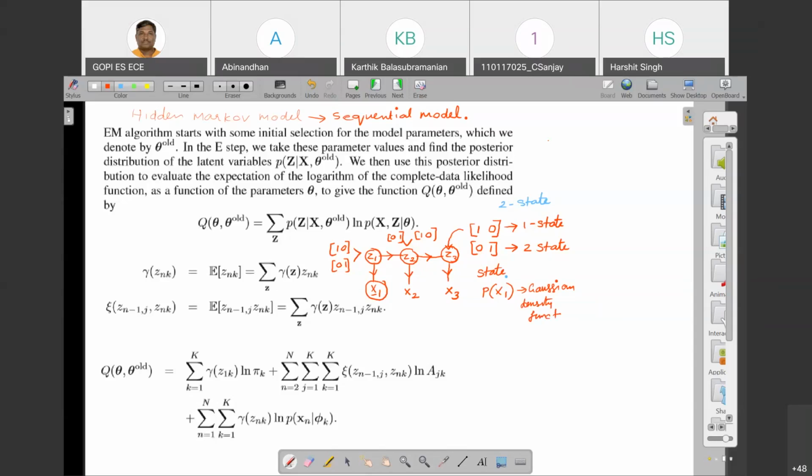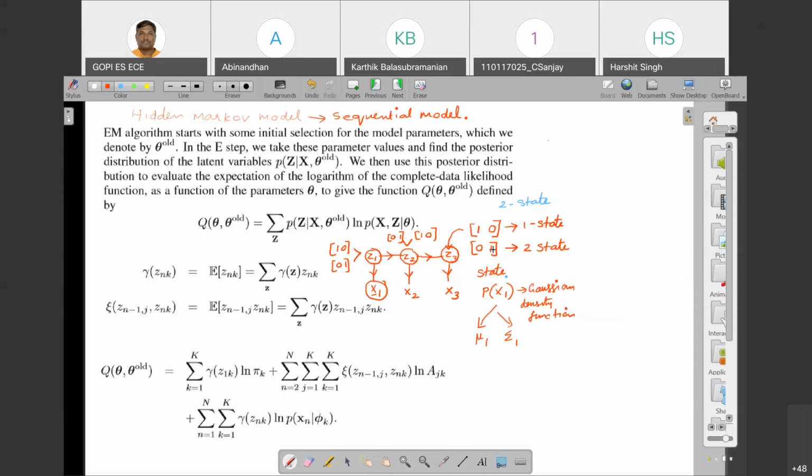The probability that x1 is generated from state 1 depends upon the parameter mu1 and the covariance matrix sigma 1. They are all parameters.